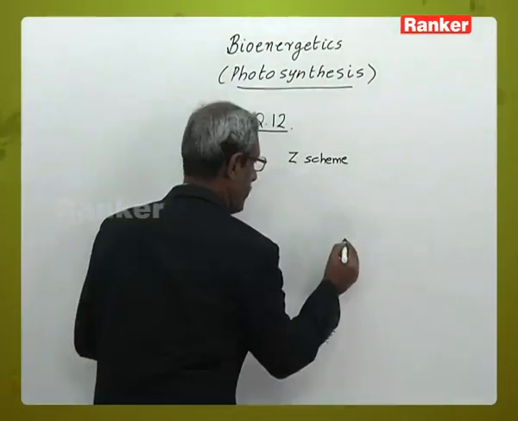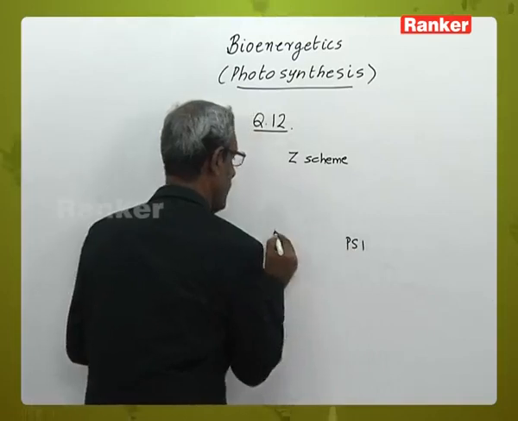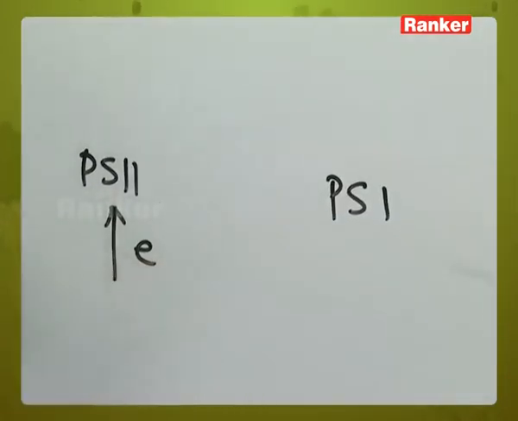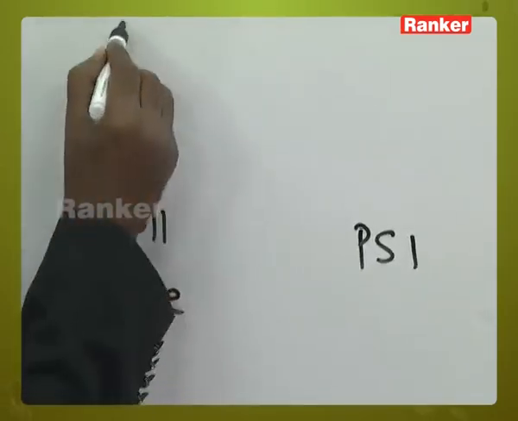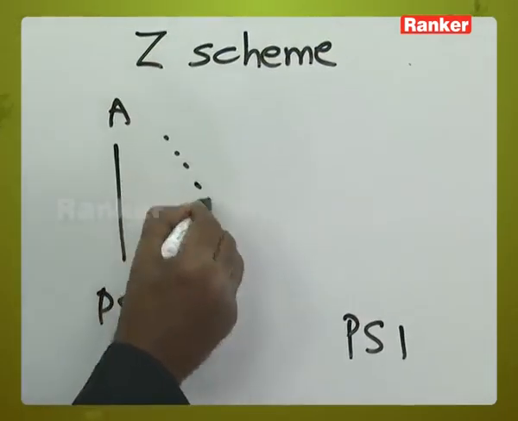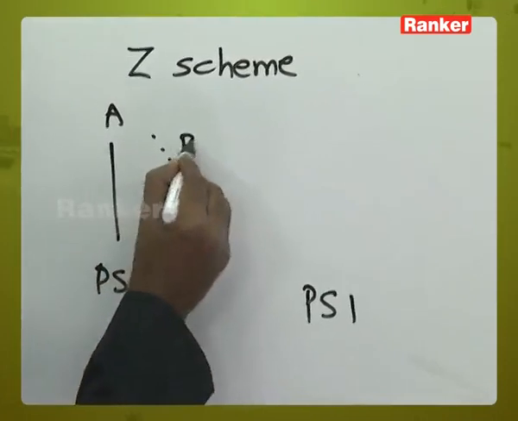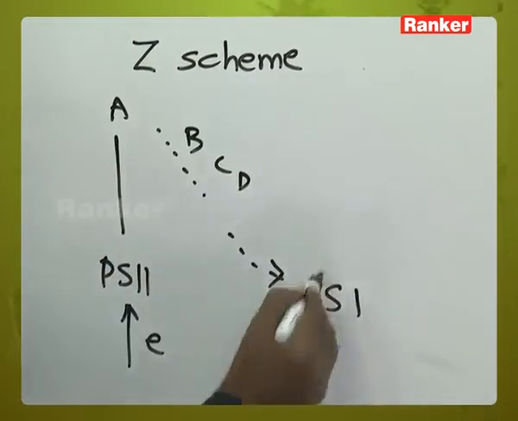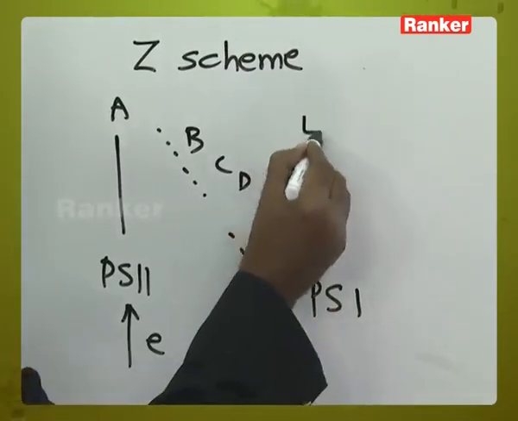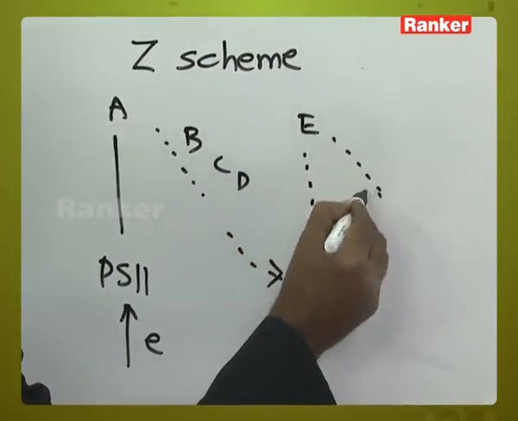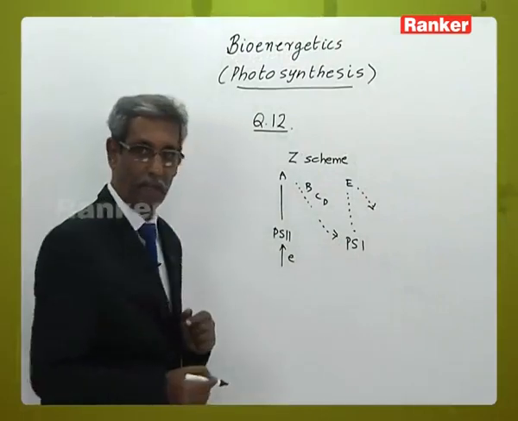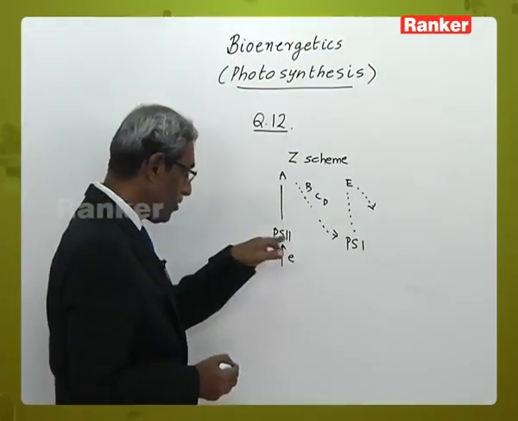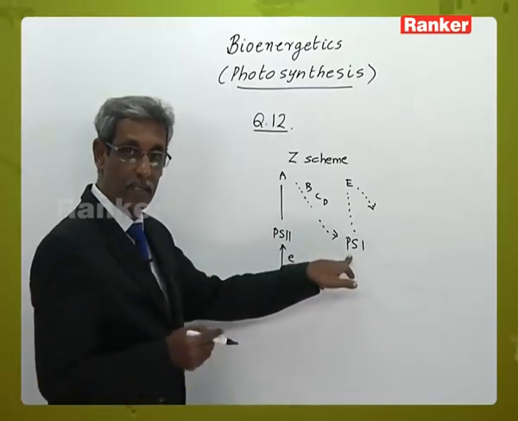In non-cyclic photophosphorylation, if we have photosystem 1 and photosystem 2, electrons move via photosystem 2, they go to a compound called A, then they go through a series of compounds called B, C and D, they enter into the photosystem 1, and again from here it goes to a compound called E, and later on it goes through this particular pathway. So in non-cyclic, the electrons are not returned. So photosystem 1 is reduced.